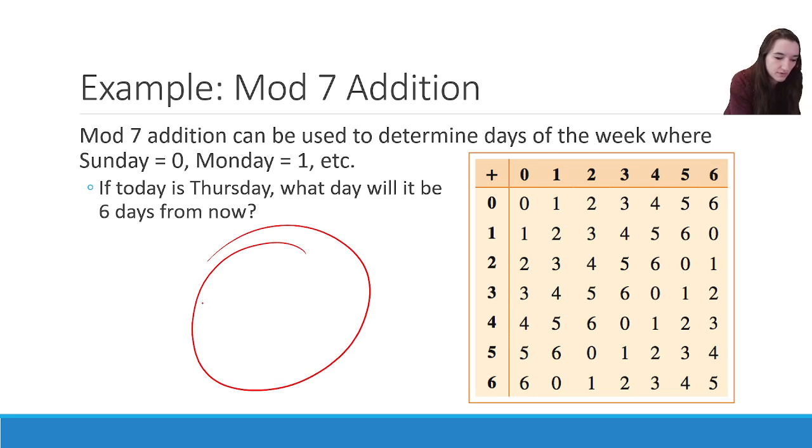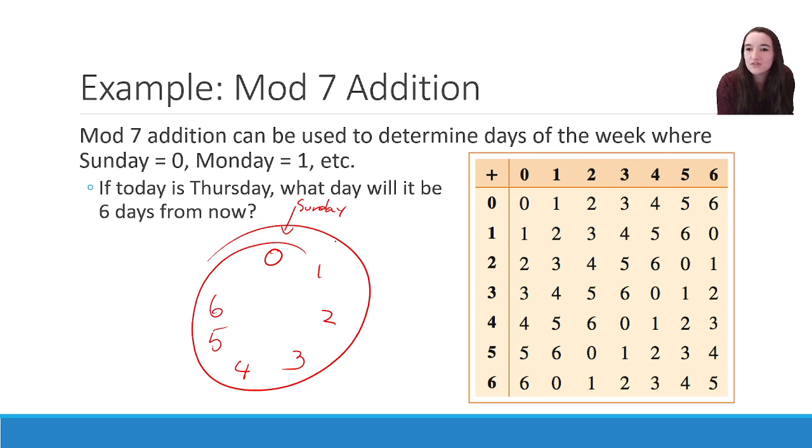So if I draw my clock here, and I have 0, 1, 2, 3, 4, 5, 6, and I'm actually going to stop there. I gave myself room for 7, but we don't want 7, right? Because 0 is Sunday. So I actually have all 7 days here, right?